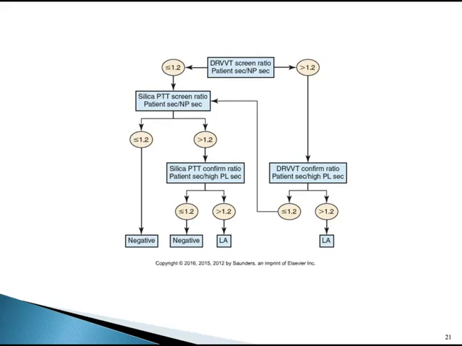If the DRVVT screen using low phospholipid reagent results exceed the upper limit of the DRVVT reference interval, which is greater than 1.2, then a lupus anticoagulant is presumed. Then the practitioner would run a confirmatory DRVVT test, okay?